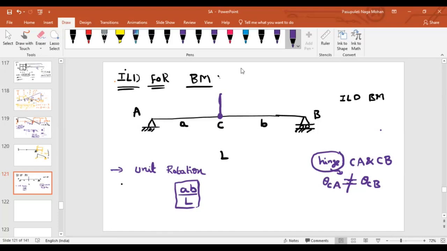First of all, place a hinge there and then move the point in upward direction with a magnitude of AB by L. If I move that in upward direction, can you tell me how the deflected shape will be? Will it allow any vertical deflection at point A? No. Will it allow any deflection at B? No. How will the deflected shape be?